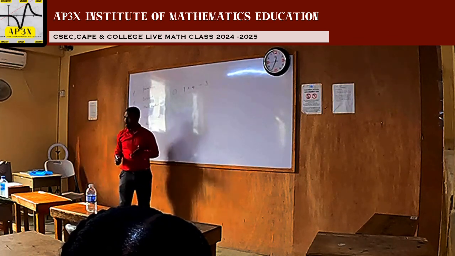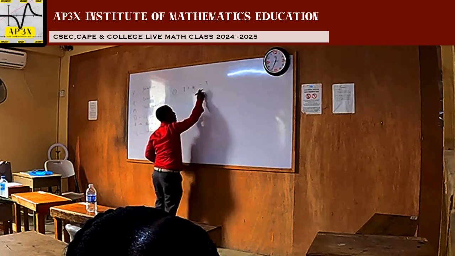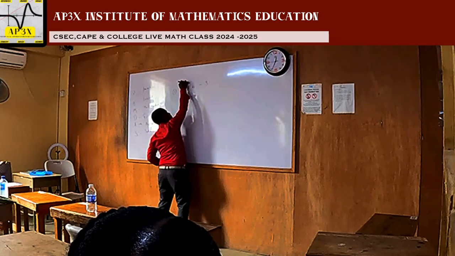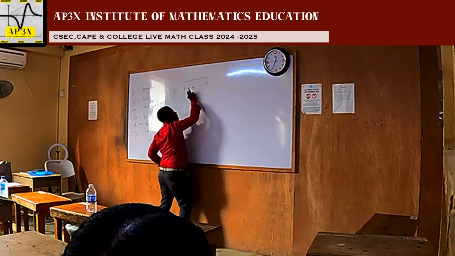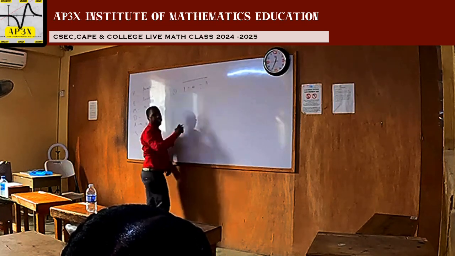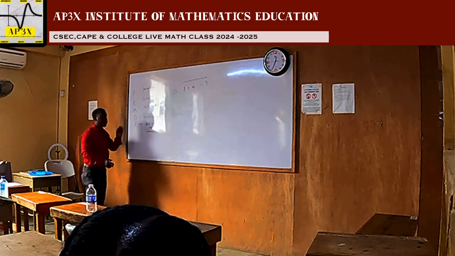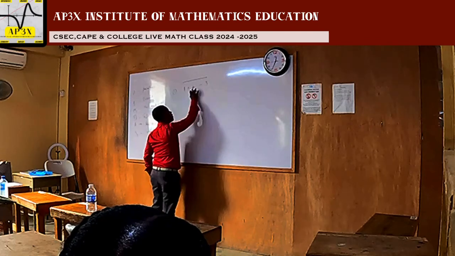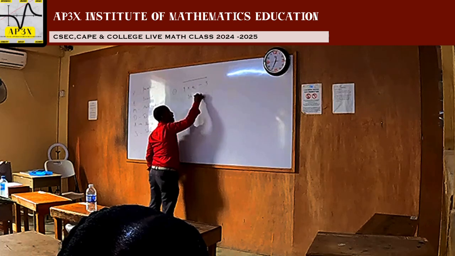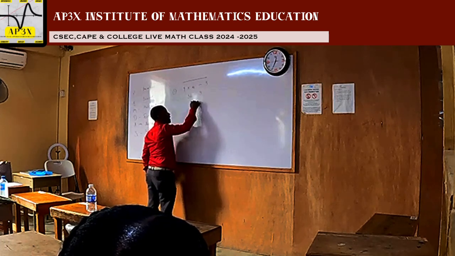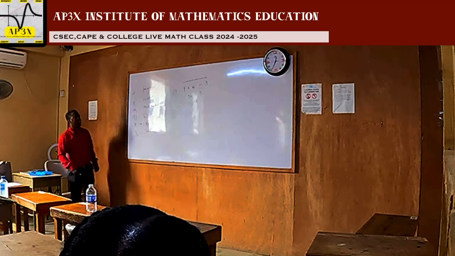So 9 times 4, because M is in front of D, and when I say in front, we are working the math from left to right. So M comes before D. That means you're forced to multiply before you divide. Let's work it out. 9 times 4 is 36, divided by 3, and that works out nicely to be 12. Very simple.